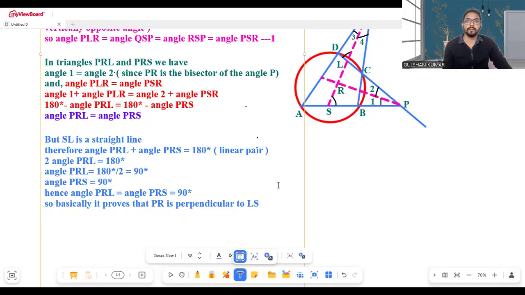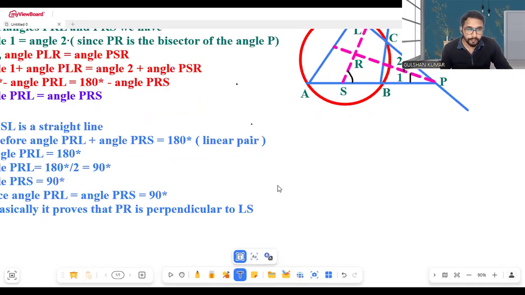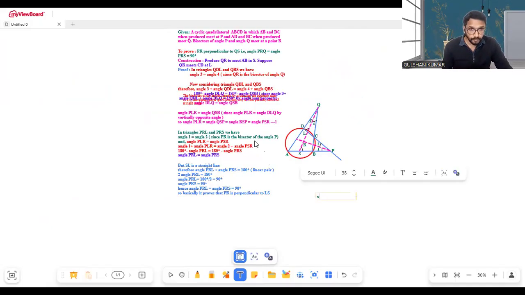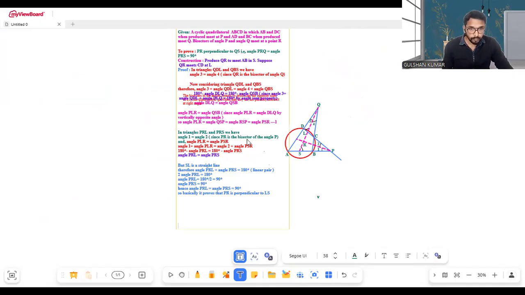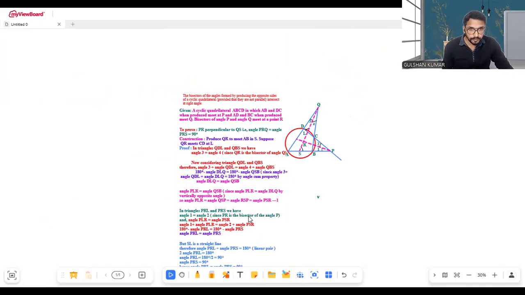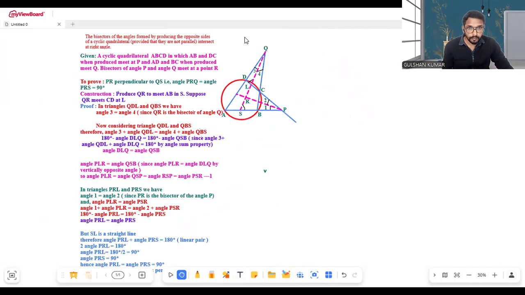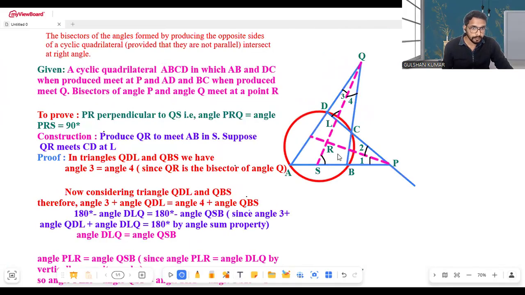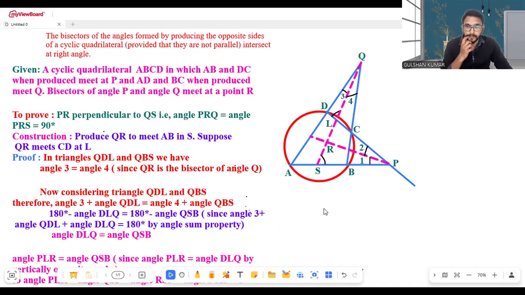Okay, guys, thank you. I will zoom out so that you guys can easily understand the whole question here. This is the theorem here, and this will be the question here. You guys can easily understand.